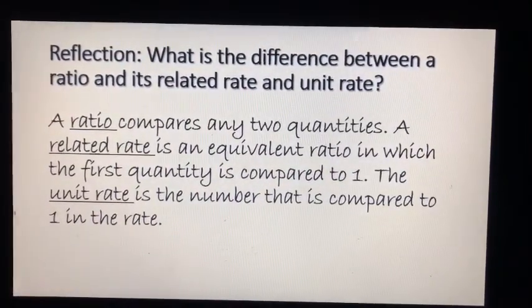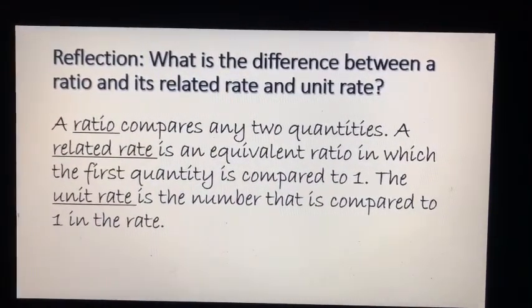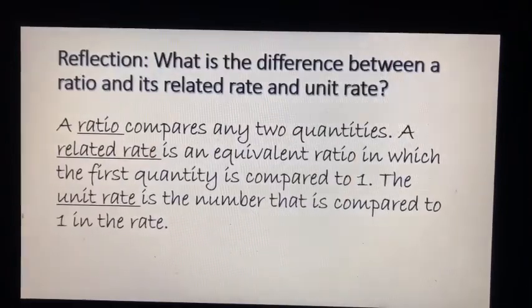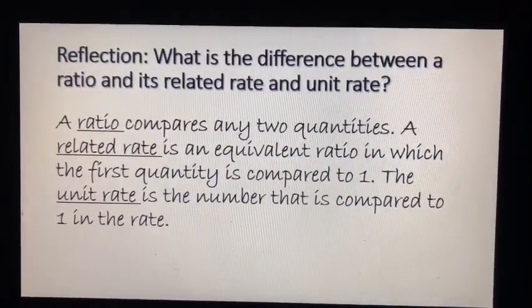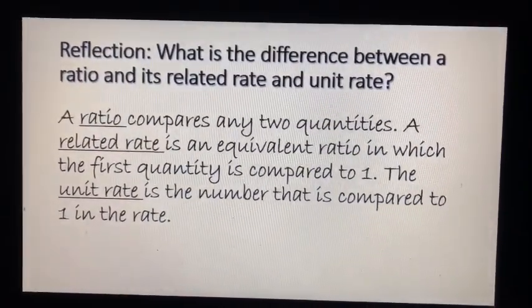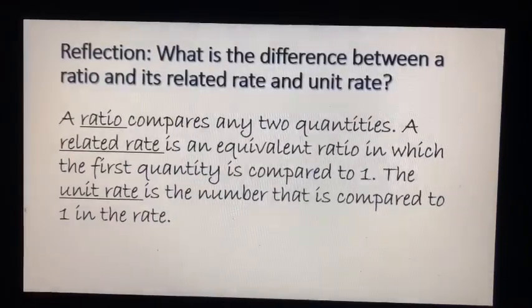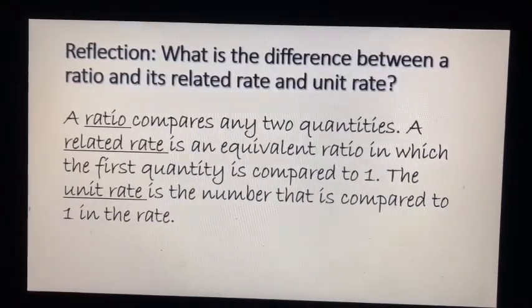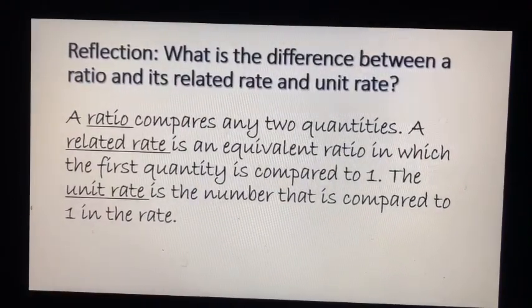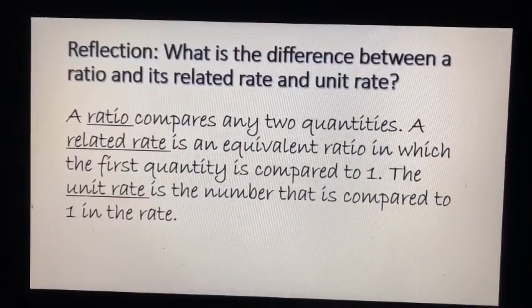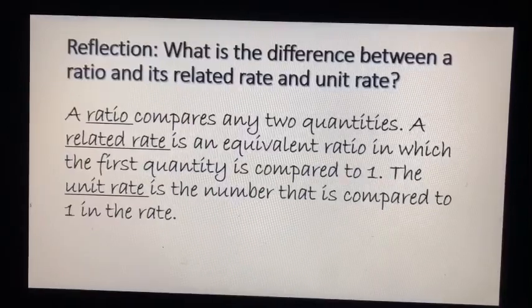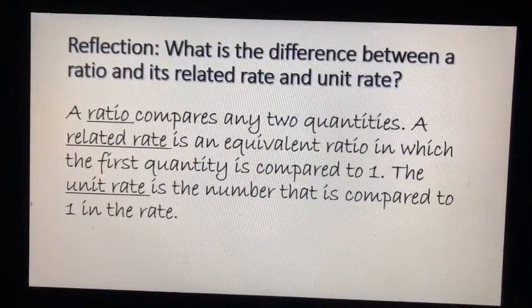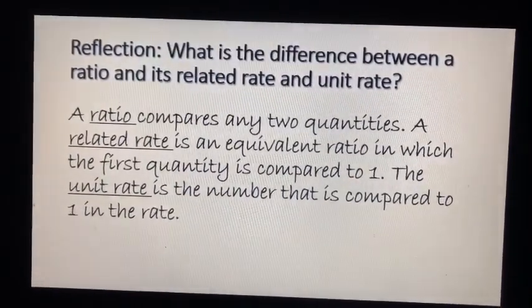Just like in our problem, we had 300 miles to 10 gallons. A related rate is an equivalent ratio in which the second quantity is compared to 1, which would be 30 miles to 1 gallon. The unit rate is the number that is compared to 1 in the rate. So the unit rate would be 30.